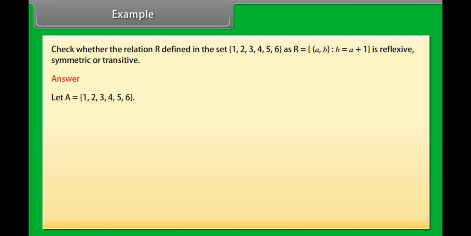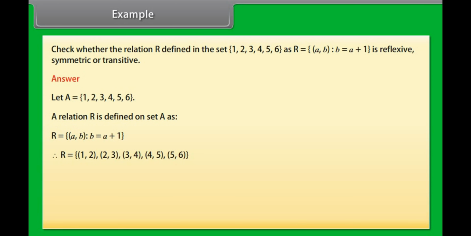Answer. Let A = {1, 2, 3, 4, 5, 6}. A relation R is defined on the set A as R = {(a, b): b = a + 1}. Therefore, R = {(1, 2), (2, 3), (3, 4), (4, 5), (5, 6)}.